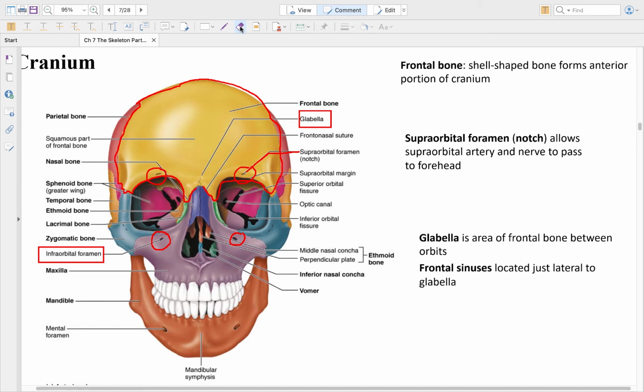Now, the other thing that we have here that we need to take note of is a suture. Where two bones connect in the cranium is referred to as a suture.